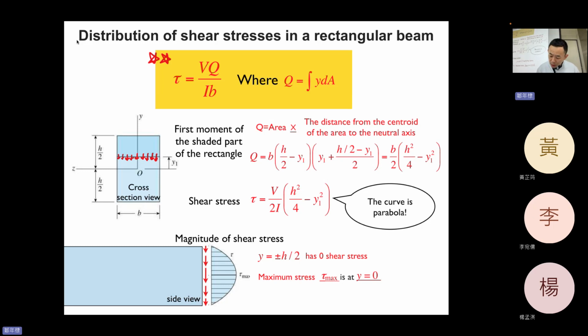All we need to do is calculate Q. Q is the area times the distance from the centroid of the area to the neutral axis. So this one, that one and that one.